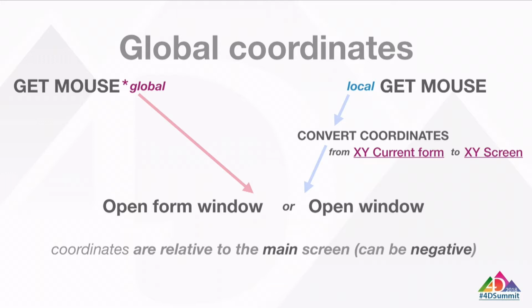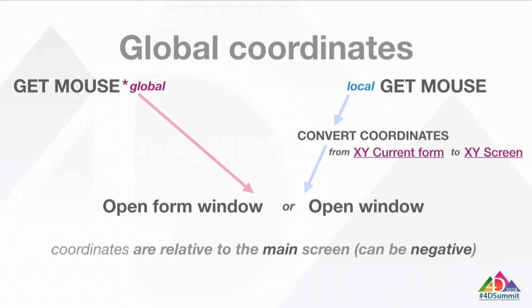The command basically takes a local coordinate and converts it to a global coordinate, or does the reverse. Now, a local coordinate system is basically the X and Y position relative to the top left of your current window, or the current form, see? Whereas the global coordinate system is relative to the top left corner of the main screen. So that's the important point.